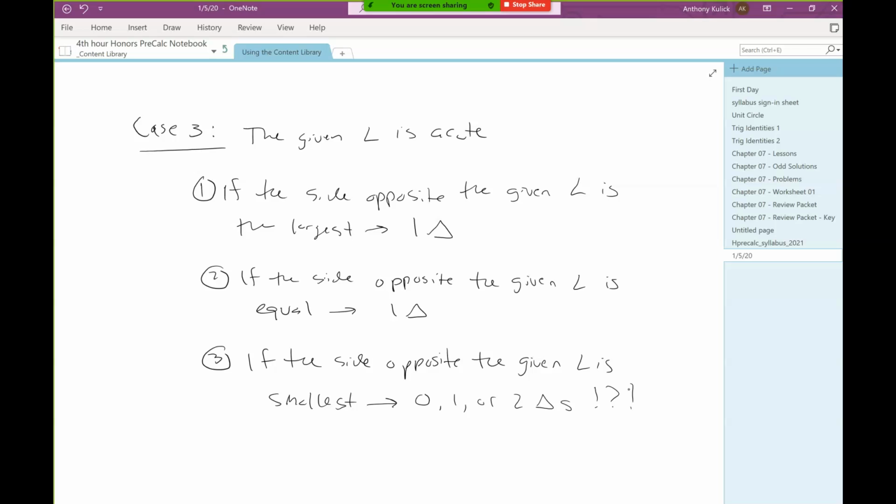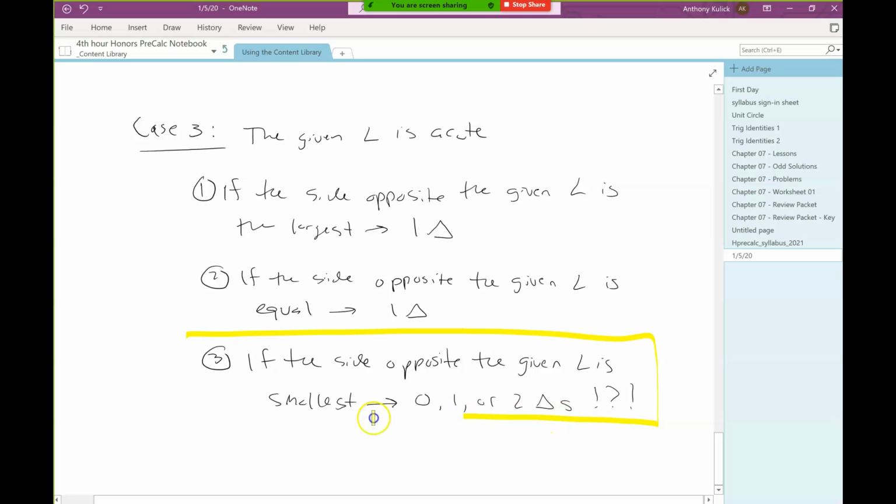The one situation that we have to be very careful about is where the given angle is acute and the side opposite that given angle is smaller than the other given side. That is the situation that we call the ambiguous case, because we don't know exactly what's going to happen right from the get-go.